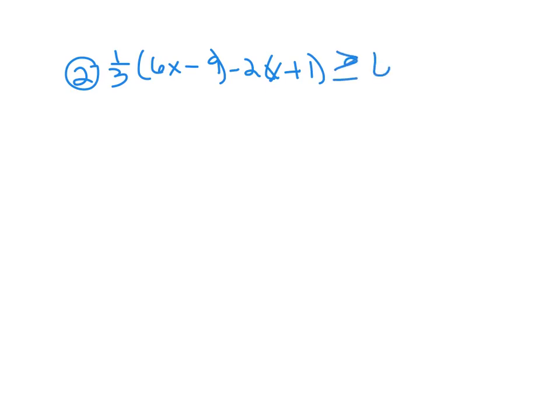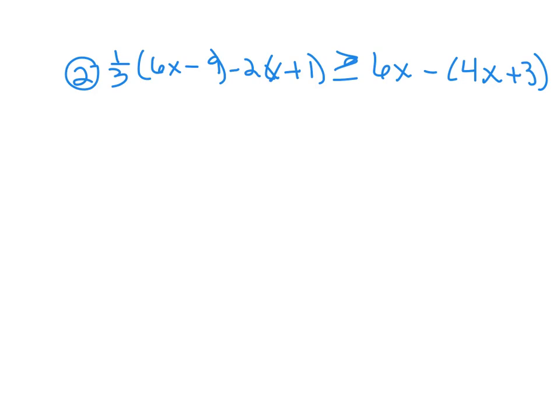Now again, you are welcome to write this out and then work it out and just see if your answer works. All right, 1/3 times 6x minus 9 minus 2 times x plus 1 greater than or equal to, ooh, that was kind of messy, sorry, 6x minus 4x plus 3.